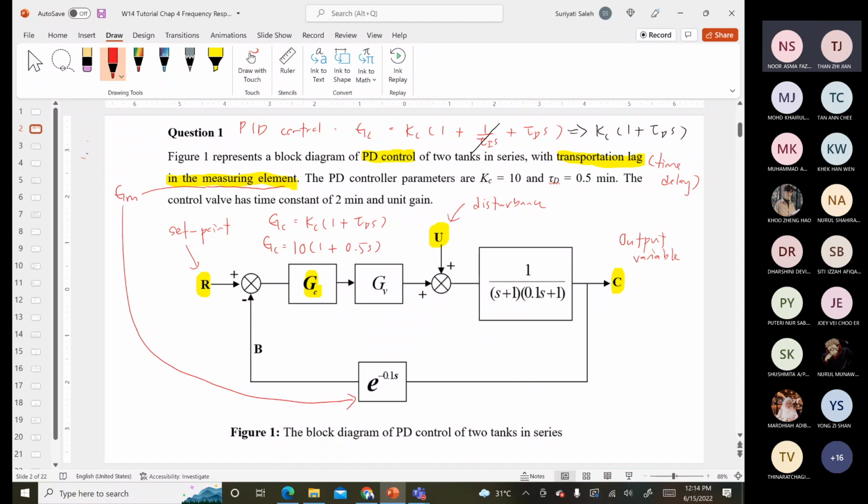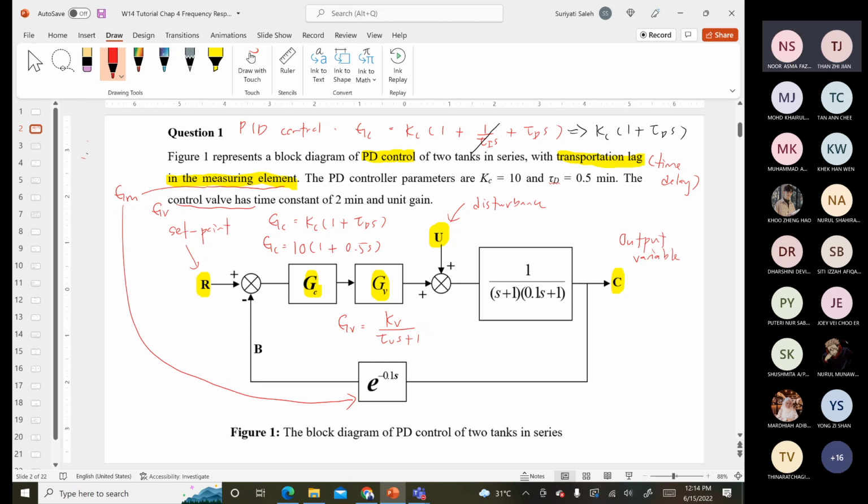Lastly, the control valve has a time constant of 2 minutes and unit gain. So this refers to the control valve, the GV. The information is a time constant of 2 and unit gain. That means it is a first order. For the first order, you have Kv over tau V s plus 1. Kv refers to the gain of the valve.